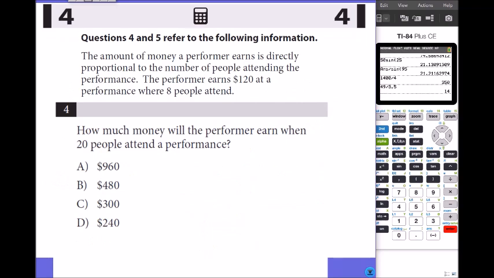Questions 4 through 5. So the amount of money a performer earns is directly proportional to the number of people attending the performance. The performance earns 120 when there were 8 people, so 8 times K. This is the rate or the cost that each person gets charged. So what is K?